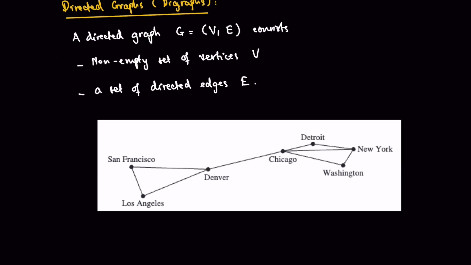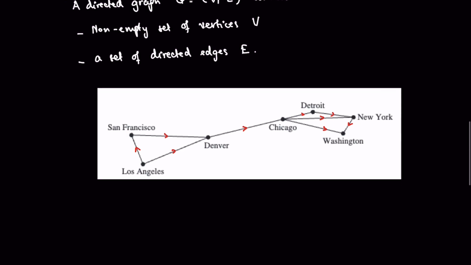Now, for instance, you go back to the simple graphs. This is an undirected graph. Now, if you give some directions here by using arrows, you can indicate that this is an example of a directed simple graph.